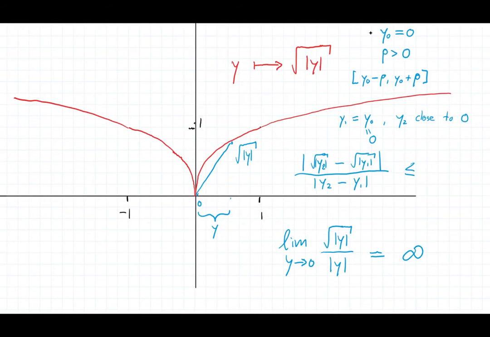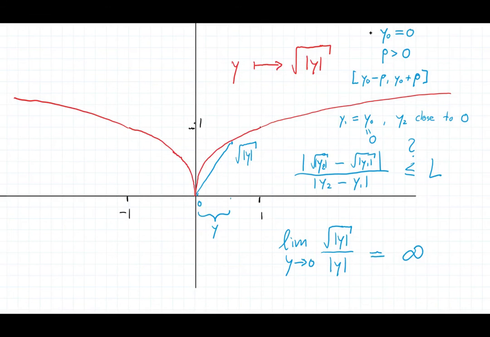Okay, is that bounded from above by some constant L? Well, it's not. Because y1 is actually 0, and the absolute value of y1 with the square root taken is also 0. So what I get is basically the square root of the absolute value of y2 divided by the absolute value of y2.